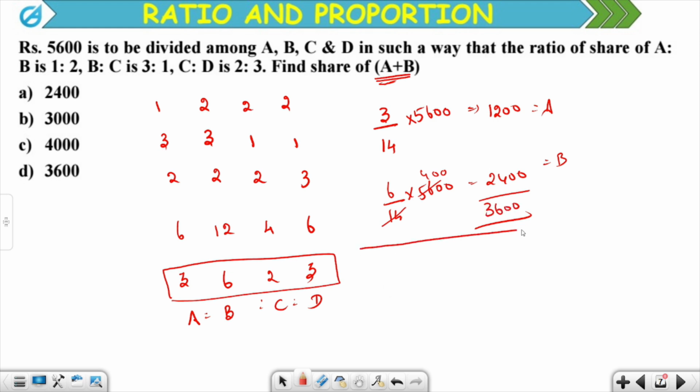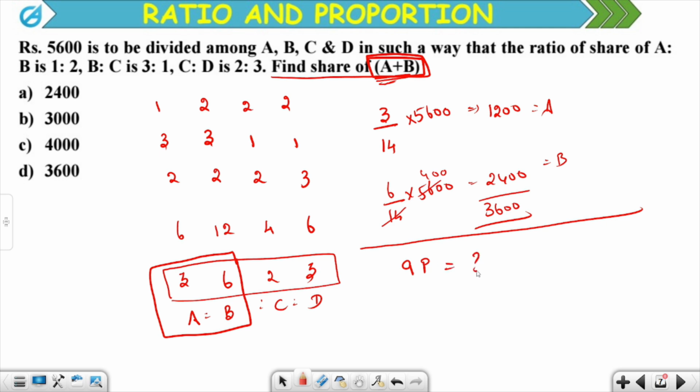Otherwise, another method is, see what they're asking you to find. They are asking you to find the share of A and B. What is 3 plus 6? 9 parts. Okay, so 9 parts is what they are asking. And what is this 5600? That 5600 is nothing but the sum of the ratio.